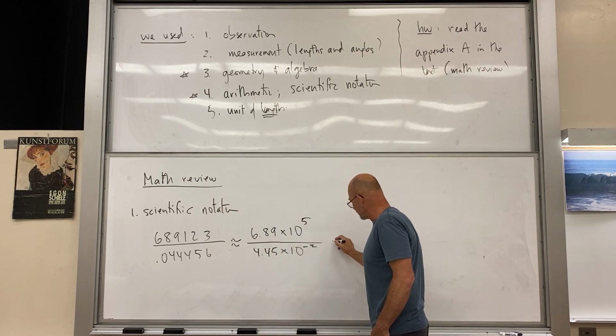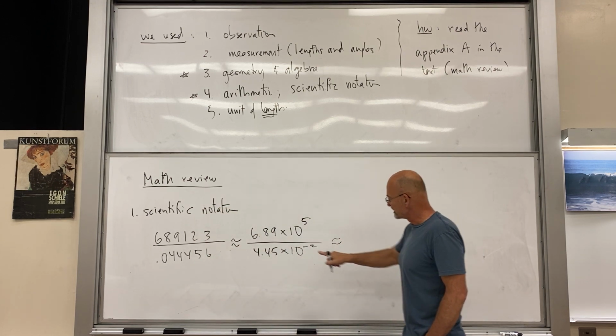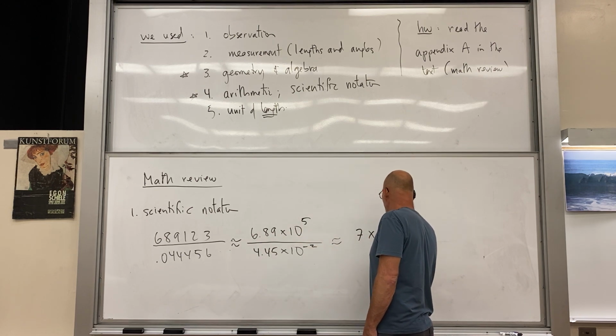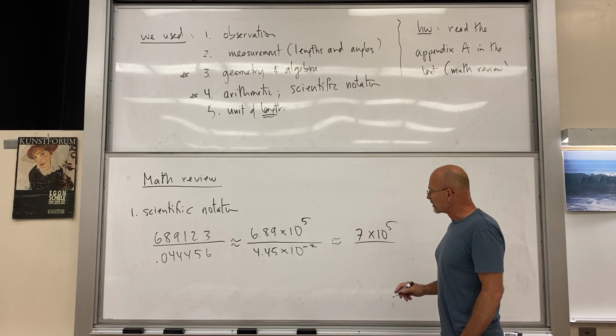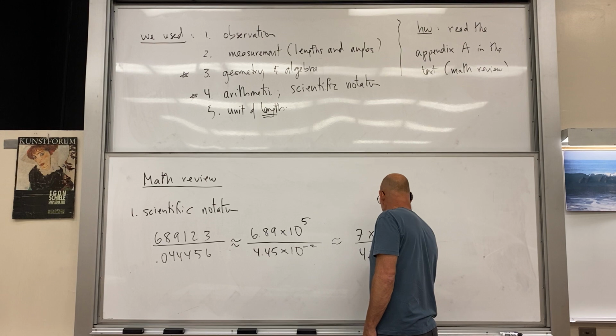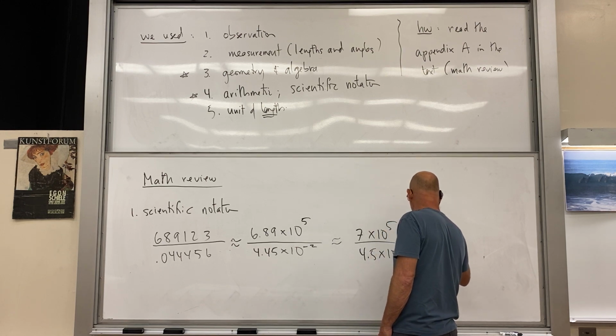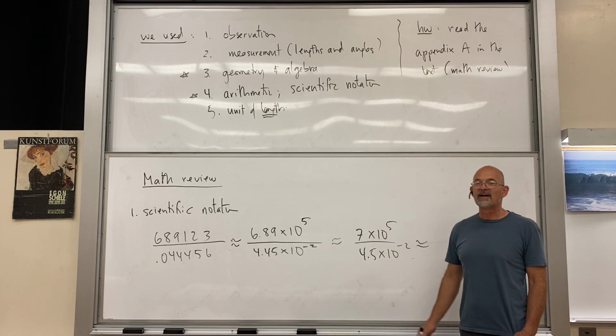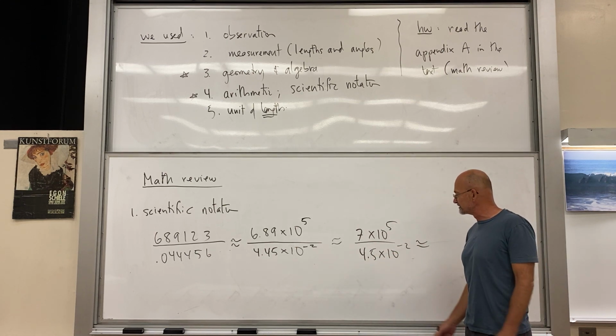I'm going to approximate it even more. I'm just going to let this numerator be 7 times 10 to the 5. I'll do a crude approximation. I'll say we have 4.5 times 10 to the minus 2. Okay, what's 7 divided by 4.5? I don't know, I just put these numbers up here. But we got a rough estimate here. It's over 1.5.